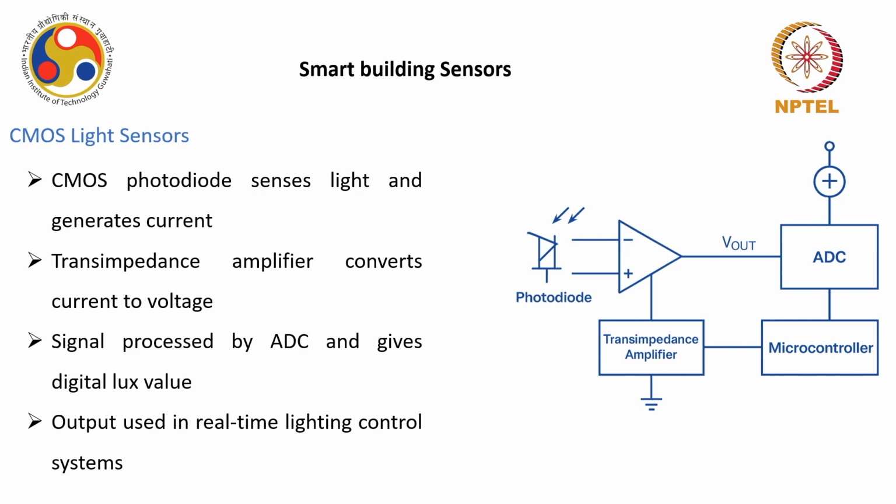Then the other thing that is essential here is a transimpedance amplifier, which converts the current output from the photodiode into a voltage. Then this signal is processed by the ADC, and this gives the digital lux value.